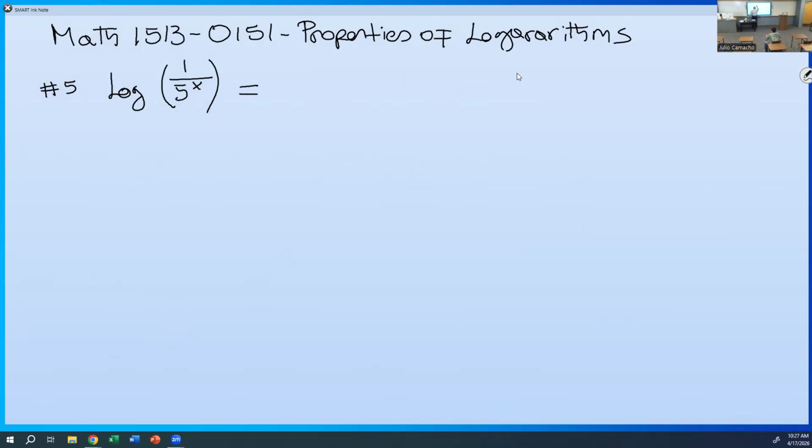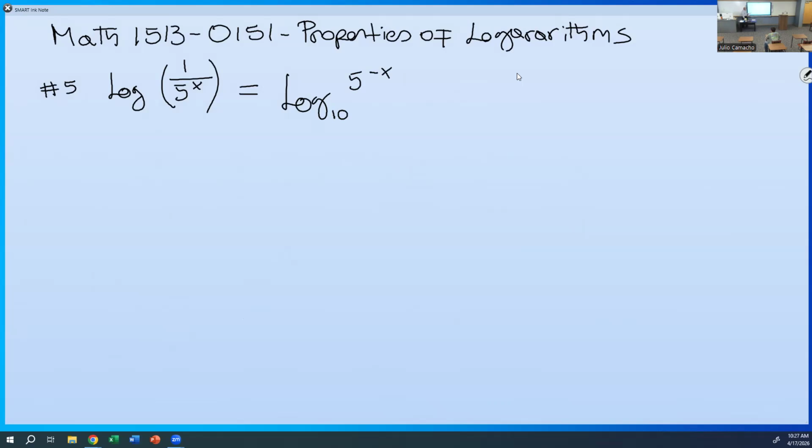We can rewrite it as the log, and because we don't have a base in the log, we can assume that the base is 10. That is the default base. Again, if you don't have a base in the problem, you can assume it's base 10, and that will be of 5 to the negative x. That's the reason it's under 1.